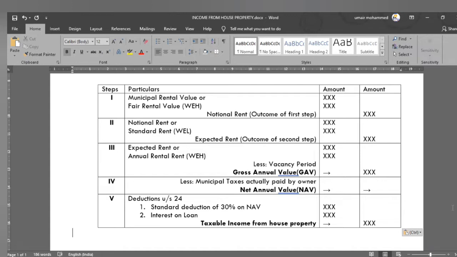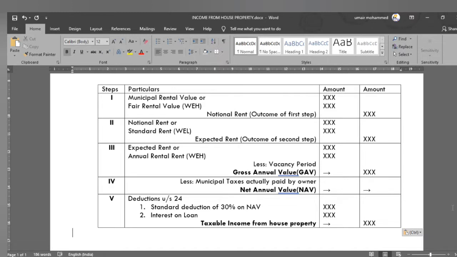But you also need to understand what we mean by municipal rental value and what is fair rental value. Municipal rental value, as the name suggests, is determined by the municipal corporation of the city.